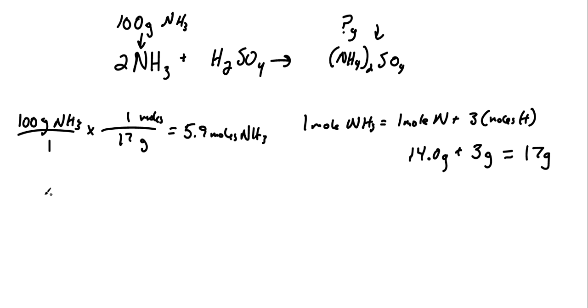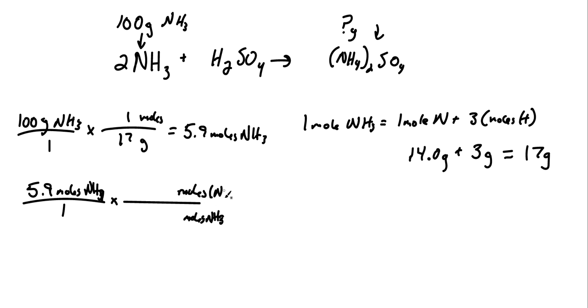So let's continue with what we know, 5.9 moles ammonia, NH3, not NH4, over 1 times, and we want to get rid of moles of ammonia, and we want to get moles of ammonium sulfate. So if we look at our equation, we know that 2 moles of ammonia give us 1 mole of ammonium sulfate.